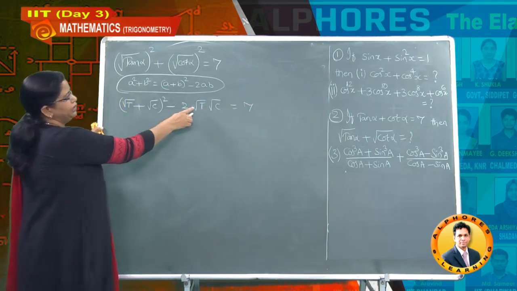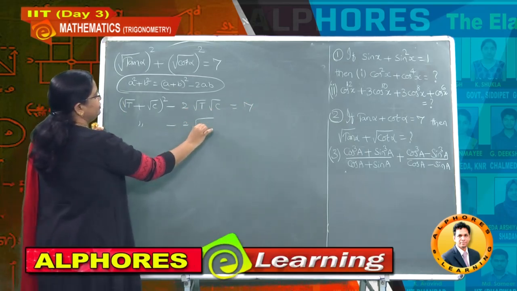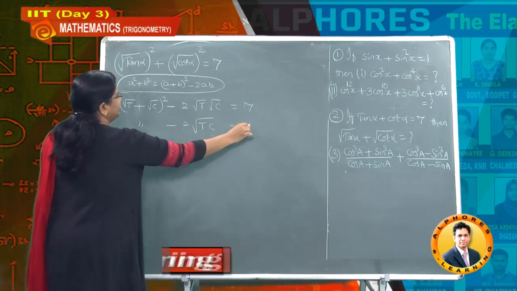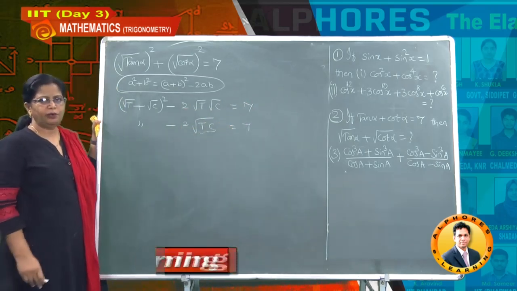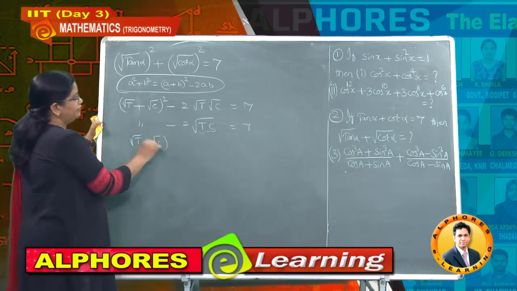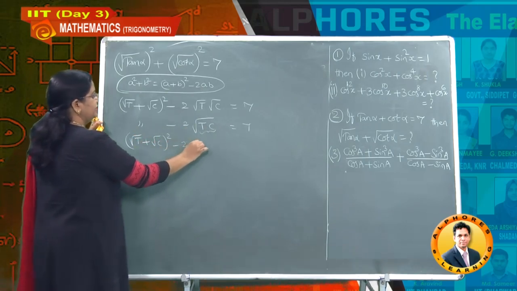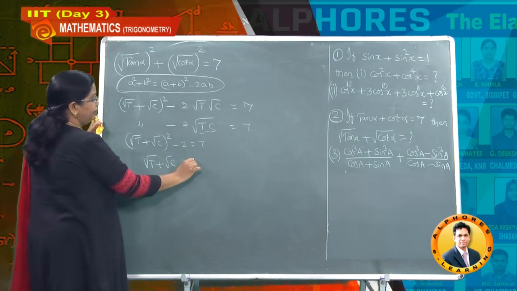But you know here root tan into root cot, I can write it as root of tan into cot, so 2 times root of tan into cot, and we know again tan into cot is nothing but 1. Therefore root tan plus root cot whole square minus 2 equal to 7. Hence root tan plus root cot equal to 9.